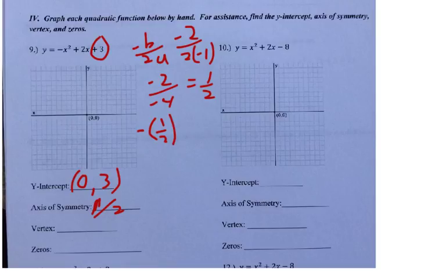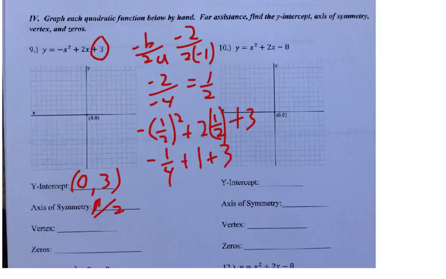negative parentheses 1/2 squared plus 2 parentheses 1/2 plus 3. So using order of operations, I do parentheses first and then exponents. So 1/2 squared is 1/4, and then that becomes a negative 1/4 because of the sign in front of it. 2 times 1/2 is 1 whole, so plus 1 plus 3.